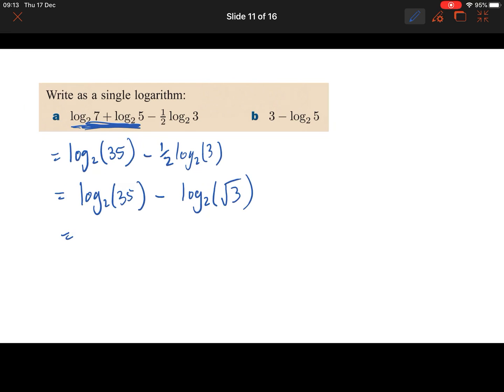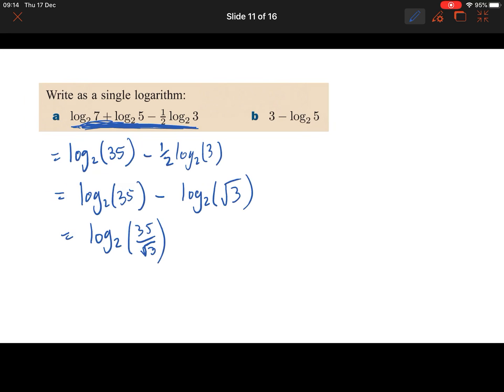And I know that 3 to the power of a half, because I know my rules of indices, is the square root of 3. Now I'm going to use rule number 3. That will become log base 2 of 35 over root 3.